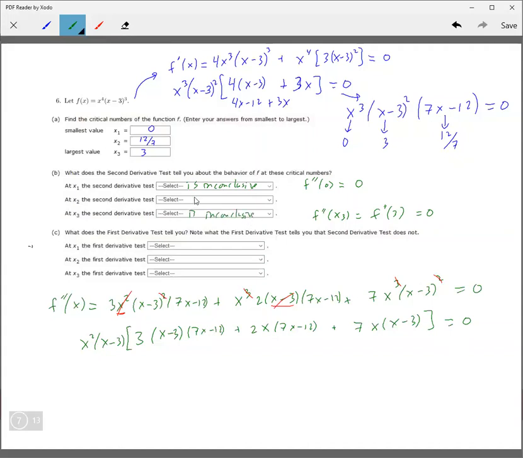Okay, now this one, I apologize, you don't need to set this equal to 0, by the way.